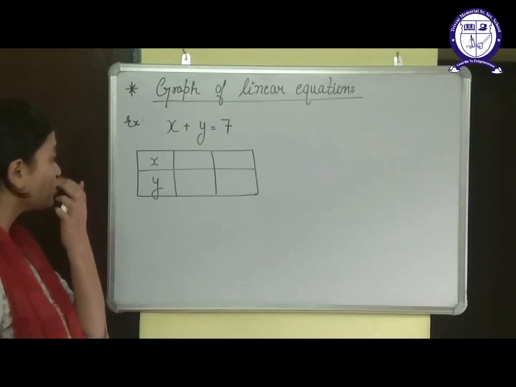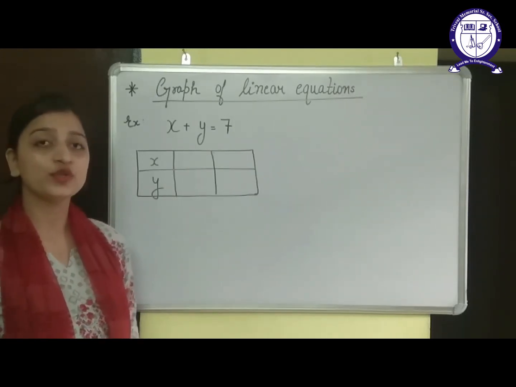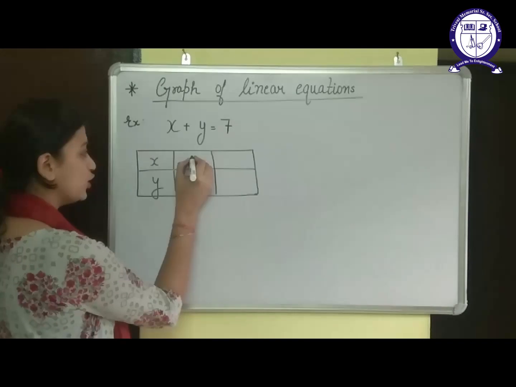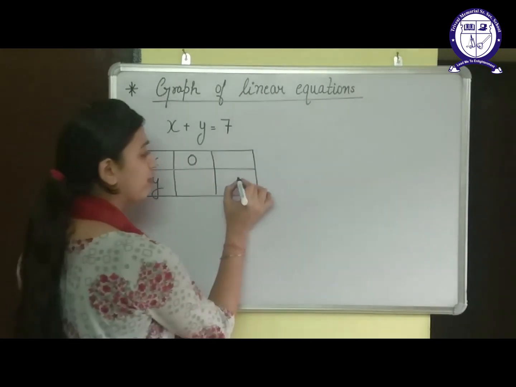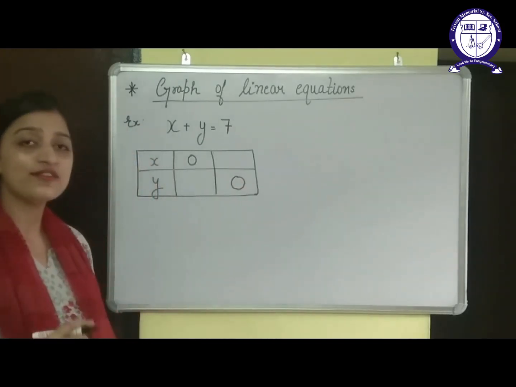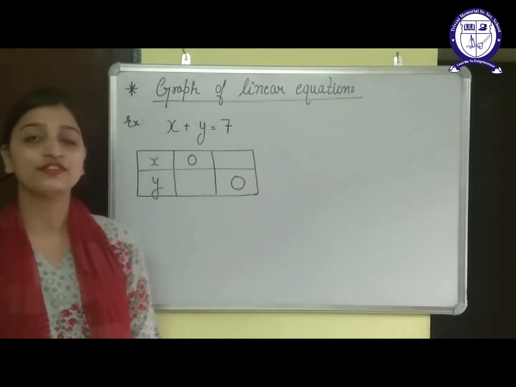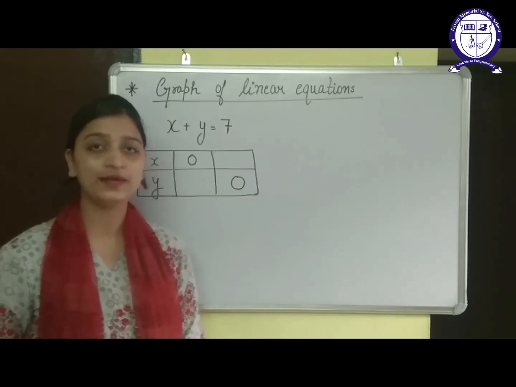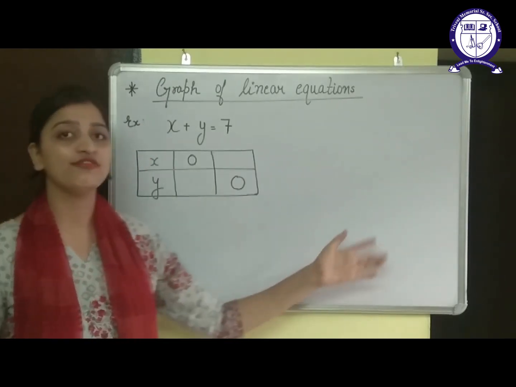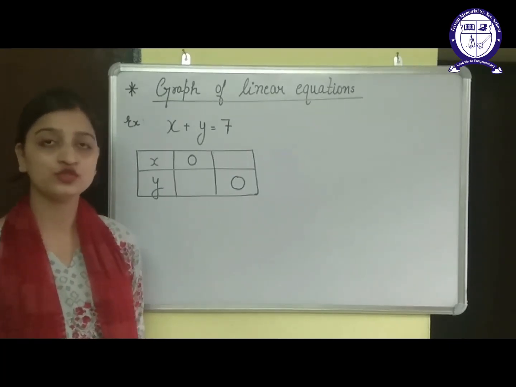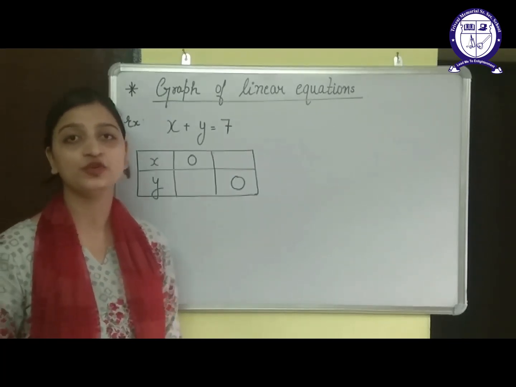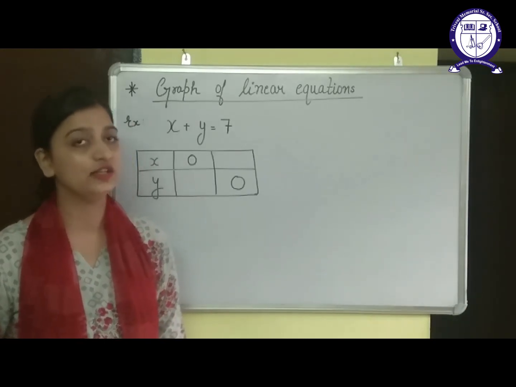First of all, I will put the value of x as 0, and then I will put the value of y as 0. It's the simplest way of doing that. It will take less time and it will make your graph very easy also. You don't need to find many values, and the graph will be clean also.